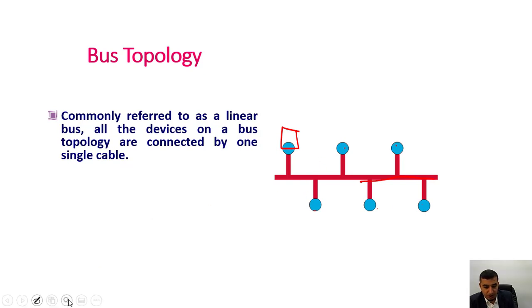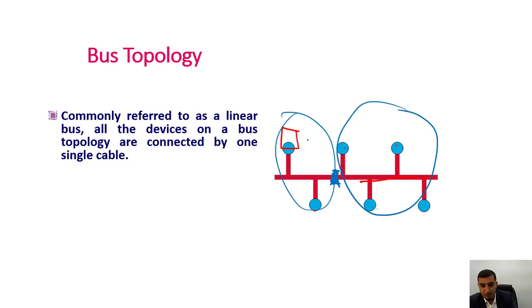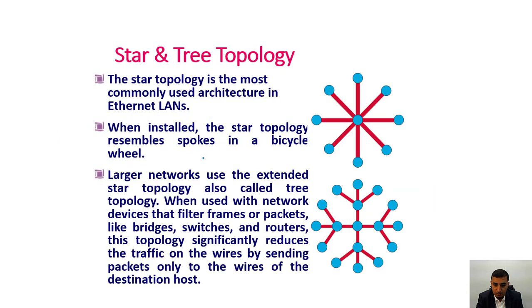In the bus topology, there is a very big problem: if there's a break over here in the line, then this part of the network will be separated from this part of the network. It's commonly referred to as the linear bus. All the devices on the bus topology are connected by one single cable, which is not good, by the way.